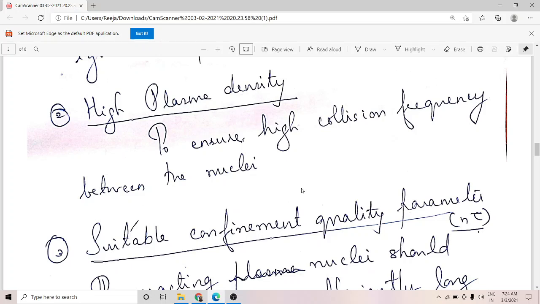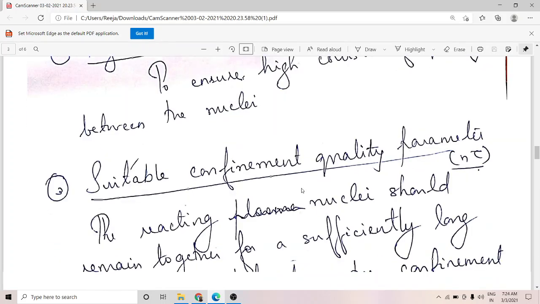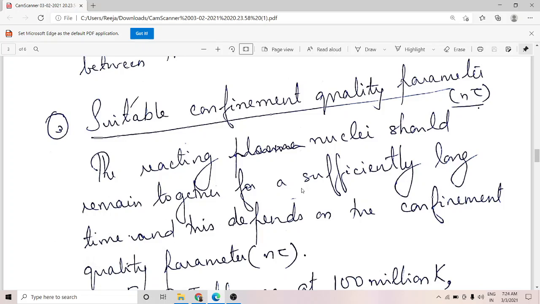The next condition required for a successful fusion reaction is high plasma density. That is, the plasma density is high to ensure a high collision frequency between the nuclei. And the third parameter required for a successful fusion reactor is a suitable confinement quality parameter. The reacting nuclei should remain together for a sufficiently long time, and this depends on the confinement quality parameter.